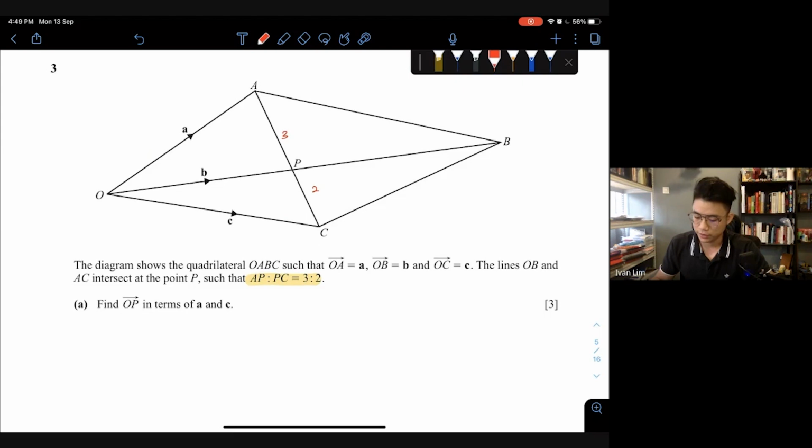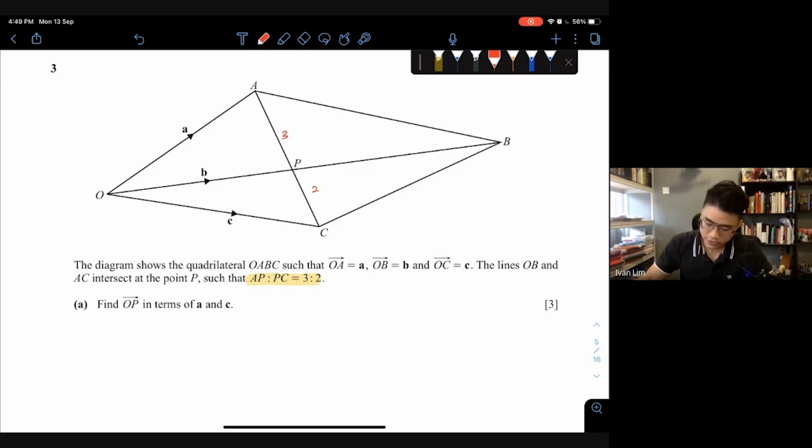OP. Okay, since we know 3 to 2, we can take OP is equal to OA plus AP, or OC plus CP. Is it possible also, right?